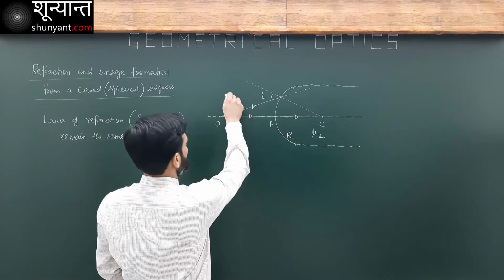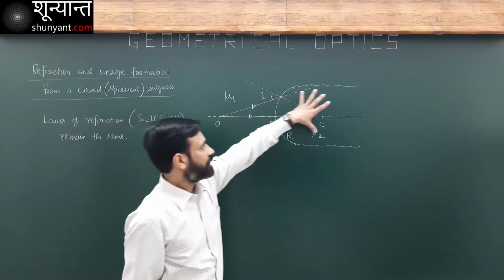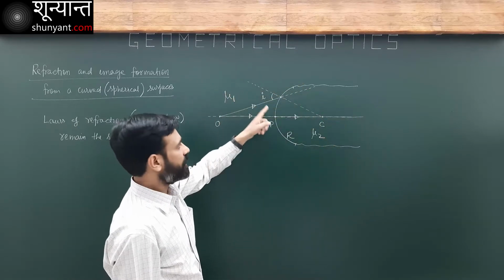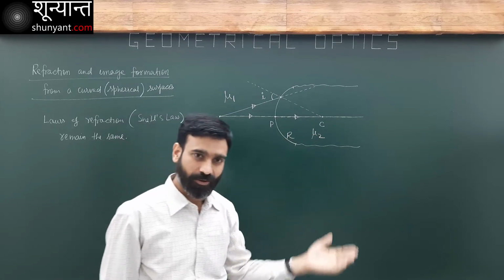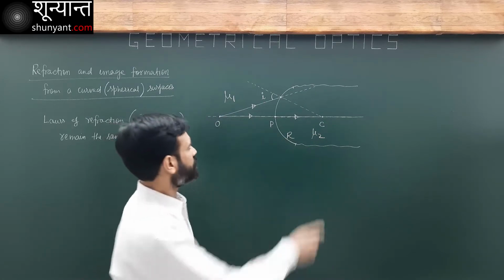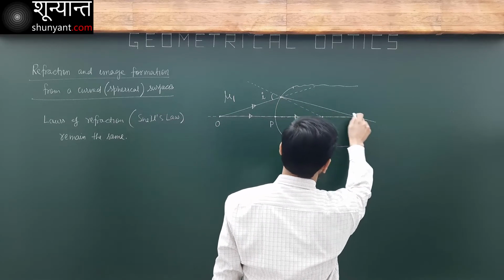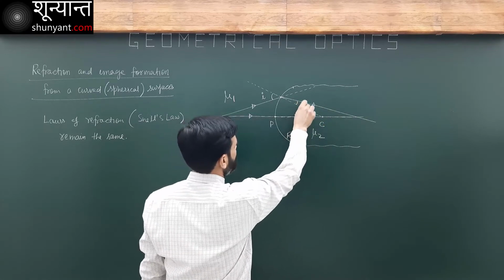Depending on the medium, this is mu1, this medium here is mu2, and the surrounding medium is mu1. Depending on mu1 and mu2, the light is going to bend either towards the normal or away from the normal. Let's say that it is bending towards the normal like this, in this direction. So this becomes my angle of refraction.